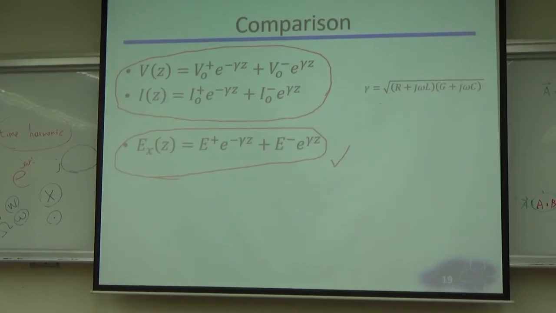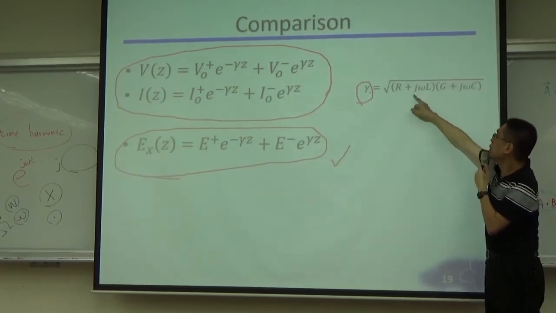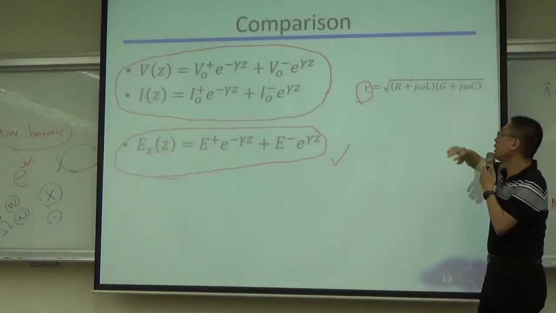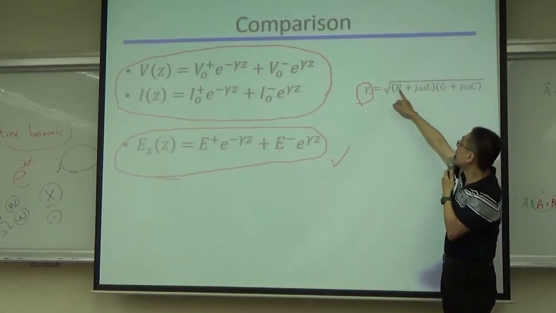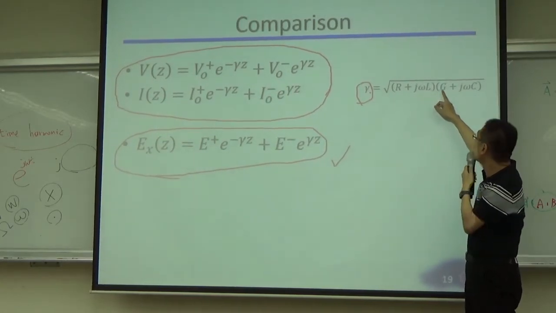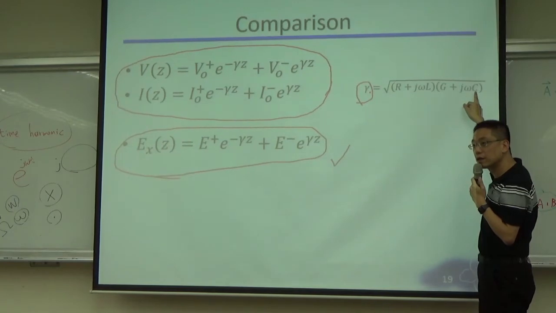Okay, so what is gamma? We define gamma, the propagation constant, as the square root of these two parts. And you remember what R is, what omega L is, what G is, and what omega C is.